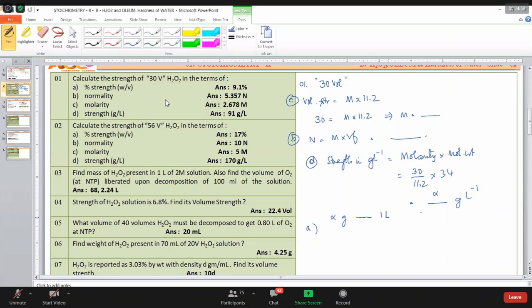No, it is 1000 ml. How many grams in 100 ml are you asking? 100 ml. Answer is alpha by 10. Come on, go ahead.